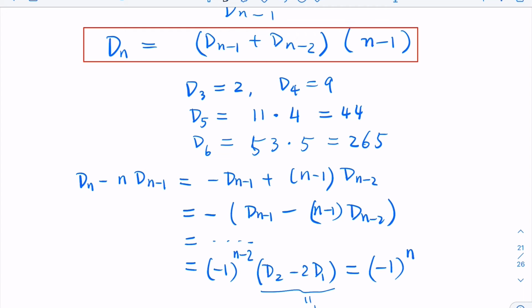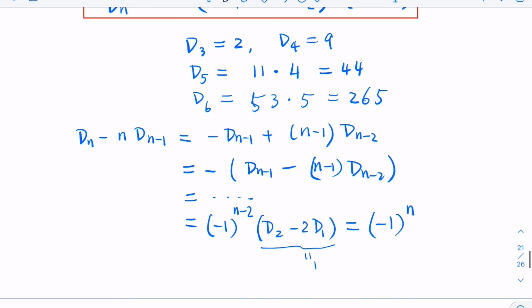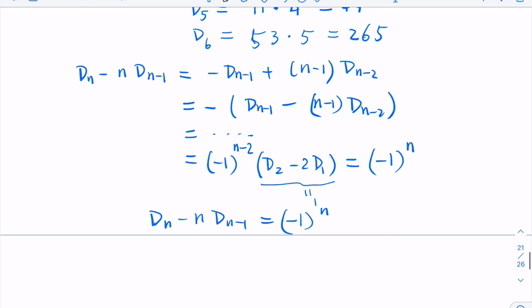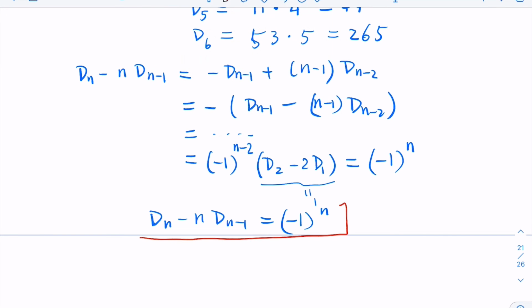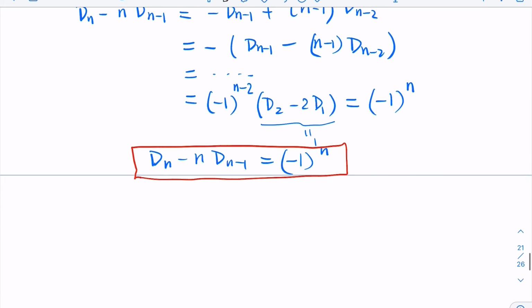So that's another important recurrence we have. Let's write it. In other words, d_n minus n d_{n-1} equals negative 1 raised to the nth power. So that's another relation that we got. Now, we still need to go further in order to get an expression for d_n.